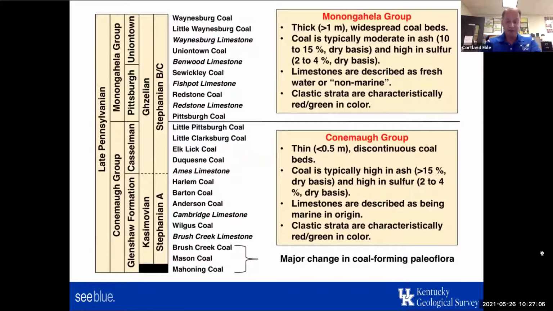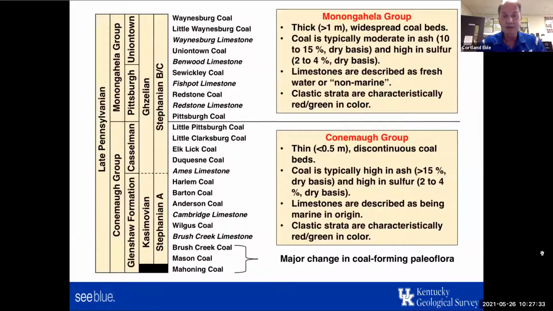Here we have, this is our late Pennsylvanian, and at the base, this is the Glenshaw Formation, which is essentially the Kasimovian. We don't have a lot of coal in the Glenshaw Formation, and therefore it's not very well studied because there's nothing economic about it. The coals do typically tend to be high in ash and sulfur. And as Ron Martino mentioned yesterday, the limestones are mainly marine.